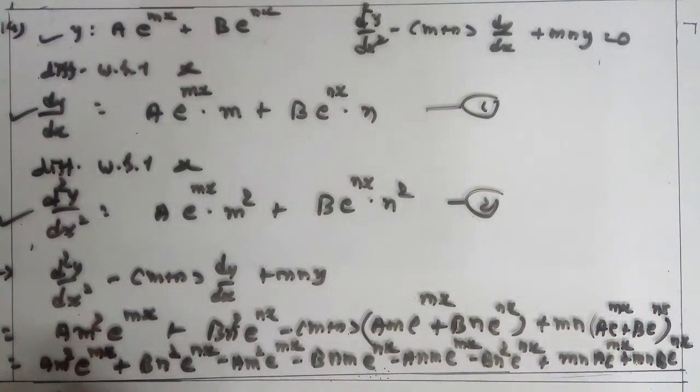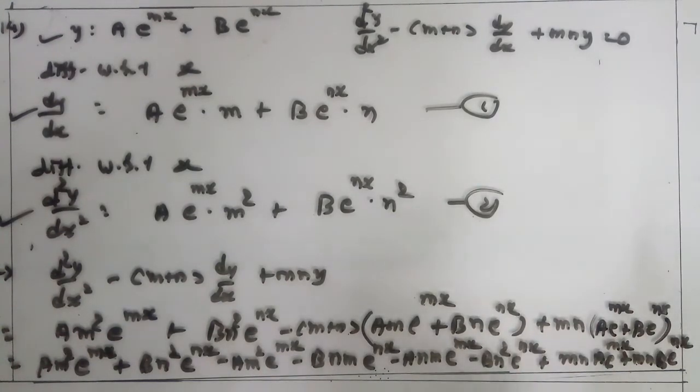Now remove common terms. Here a m square e raised to mx has a plus sign and minus a m square e raised to mx has the opposite minus sign. Both have the same value, opposite sign, so both cancel. Similarly, b n square e raised to nx cancel.